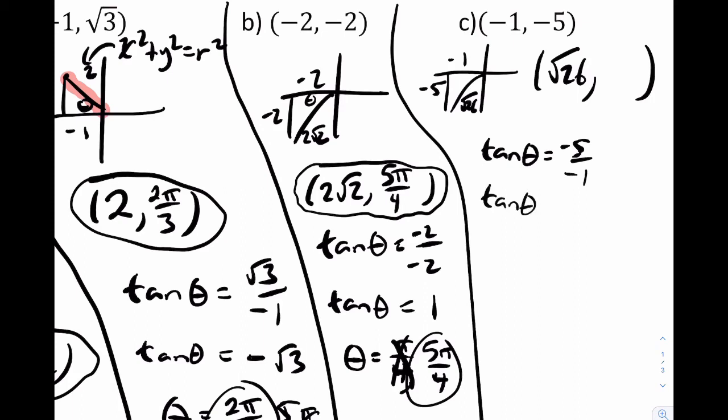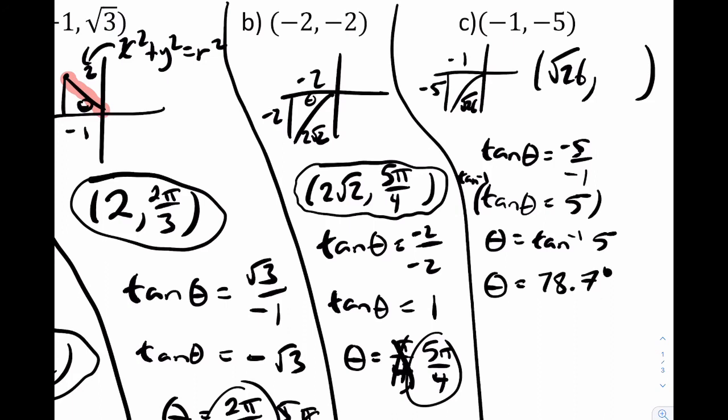So tan theta is equal to 5. So we definitely can't do that in our head. So this is why we're going to need a calculator for this one. To solve for theta, simply just do arctan or tan inverse of both sides. So theta is going to be tan inverse of 5. Now your calculator is going to give you something interesting.